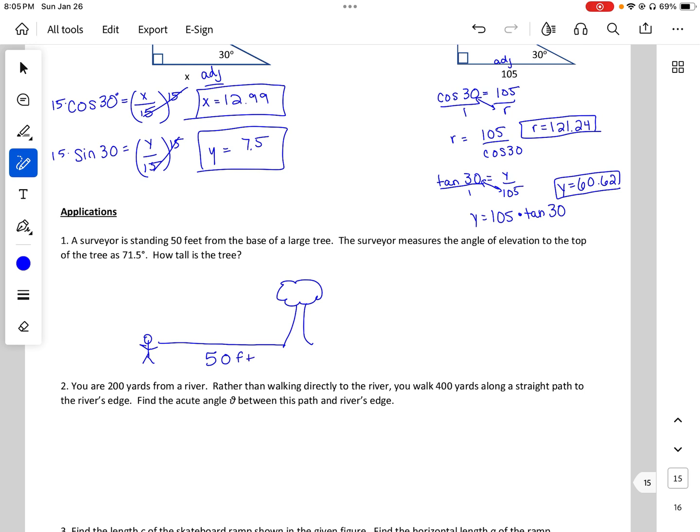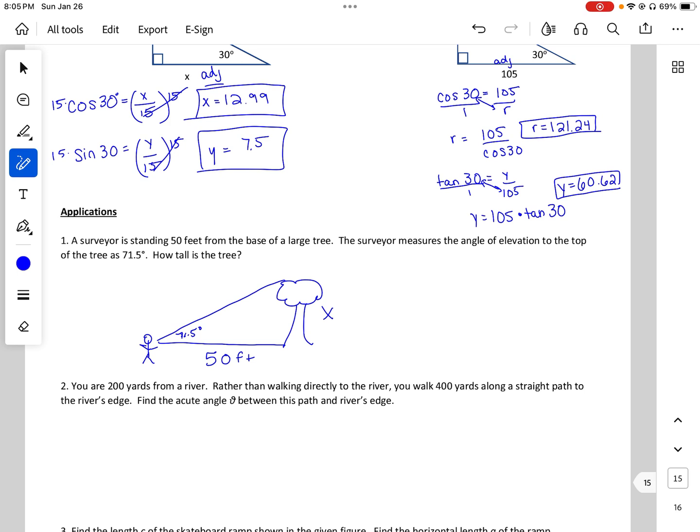The angle to the top of the tree is 71.5. It says how tall is the tree? So we want to know that value.